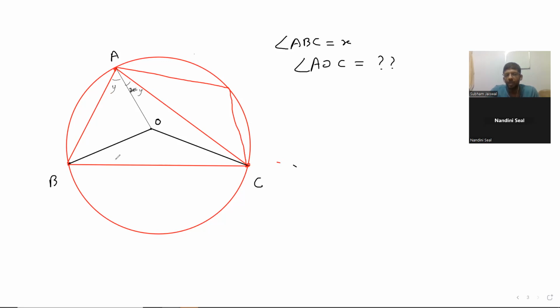Now you tell me that if this is y, then what is ABO? O is the center.